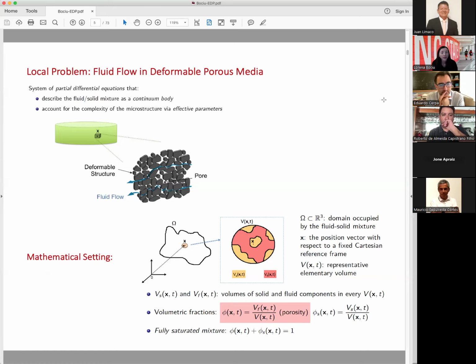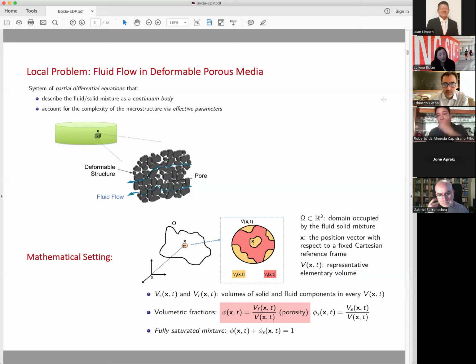For the mathematical setting, we have our domain omega in R3. For each position vector x, we have the representative volume, V of x, which of course is made up of the fluid volume and the solid volume. As usual, we introduce the volumetric fraction, the quotient between the volume of the fluid and the total volume, and this is known as porosity.